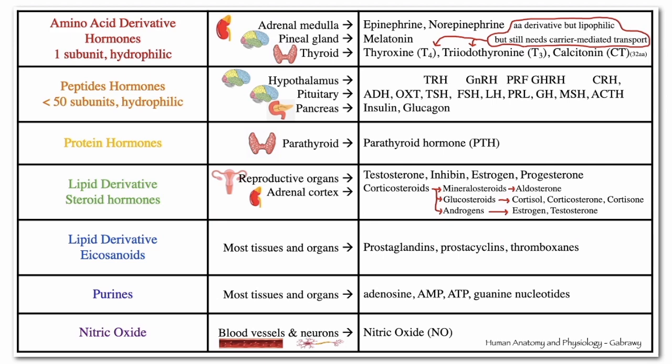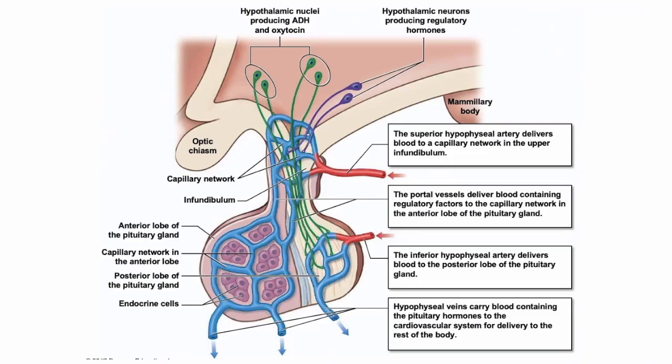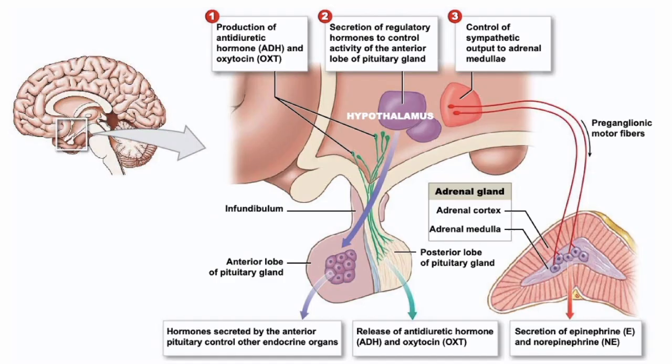PRH is prolactin releasing hormone. It causes the pituitary to release PRL, prolactin. Here's another one, CRH, corticotropin releasing hormone. This hormone makes its way to the anterior pituitary to cause ACTH, or adrenocorticotropic hormone, to be released, and ACTH then makes its way to the adrenal glands.